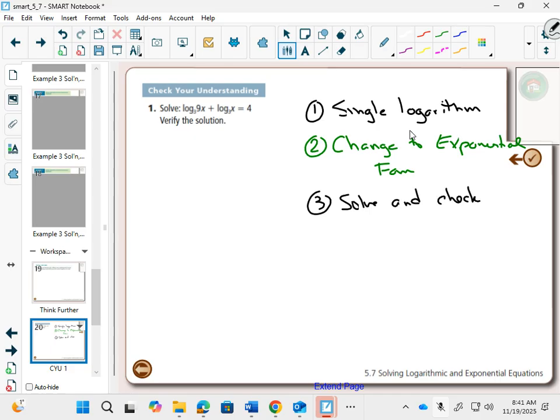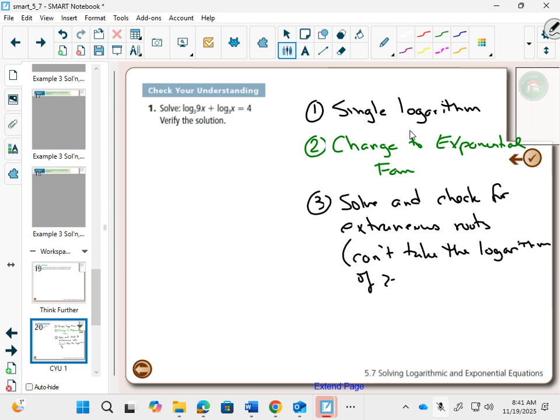And then we're going to solve and check for extraneous roots, because you can't take the log of 0 or a negative.